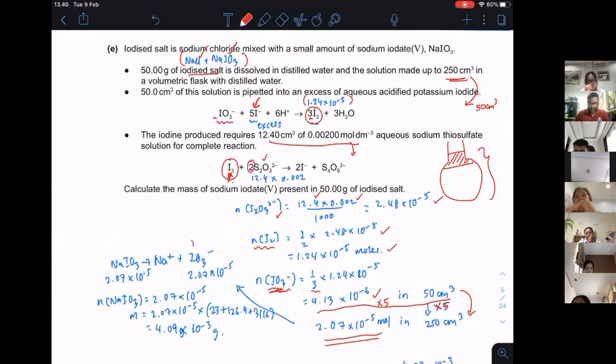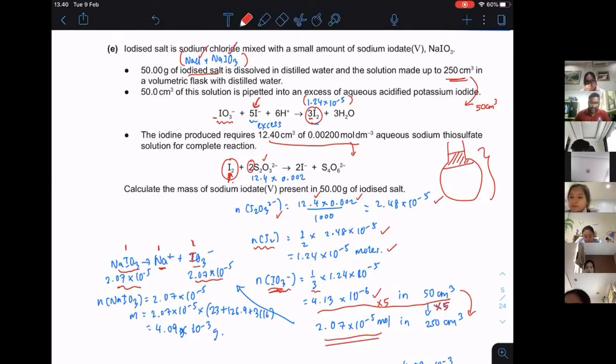I think this is what students tend to forget and sometimes make mistakes, because it's not always 1 mole to 1 mole. In this case it happened to be: one NaIO3 will give you Na plus and IO3 minus, so 1 mole, 1 mole, 1 mole. But not all the time is it going to be like that.